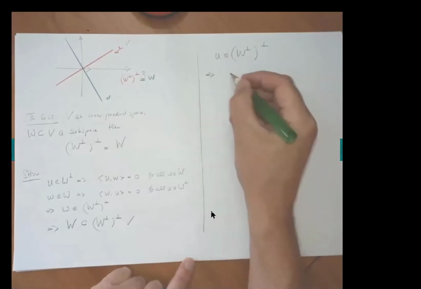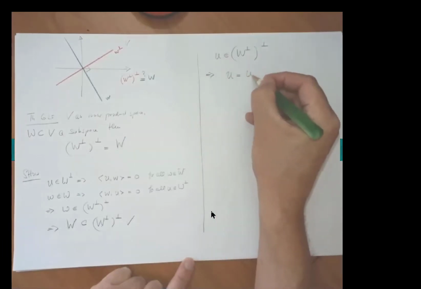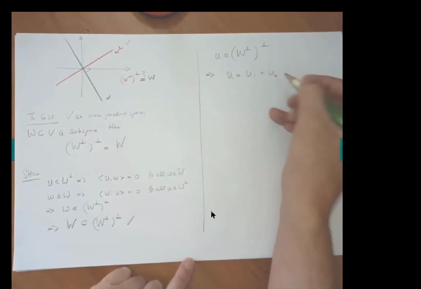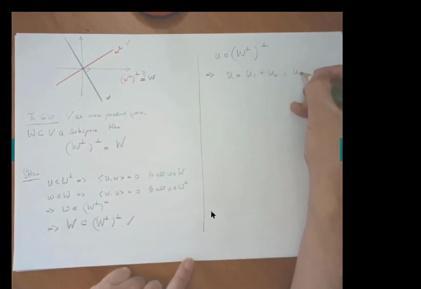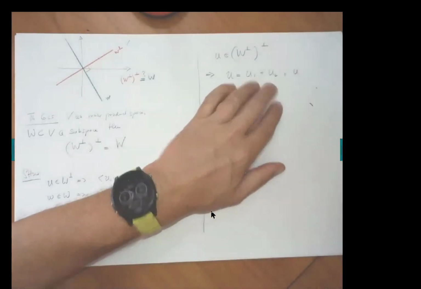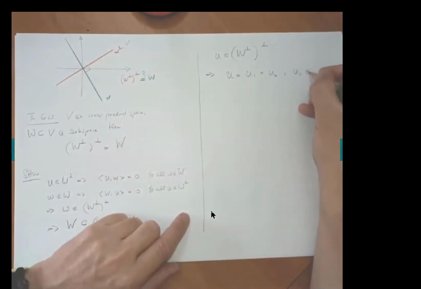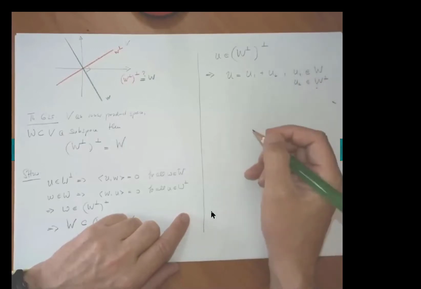Therefore, we know U is equal to U1 plus U2, where U1 is an element of W, and U2 is an element of W complement.